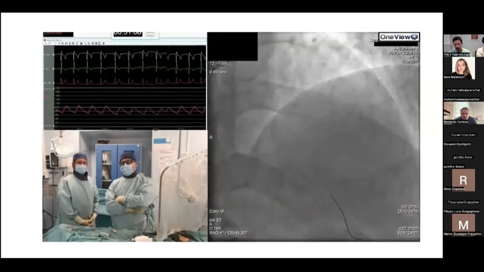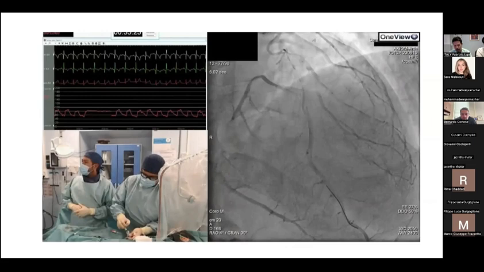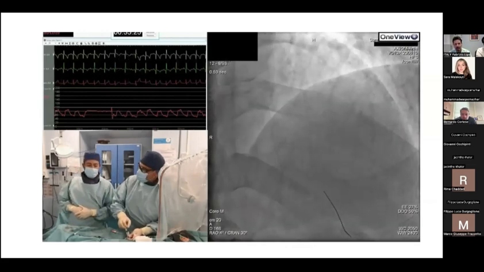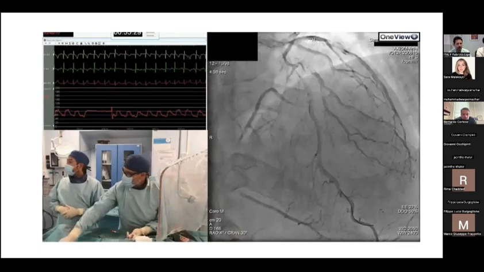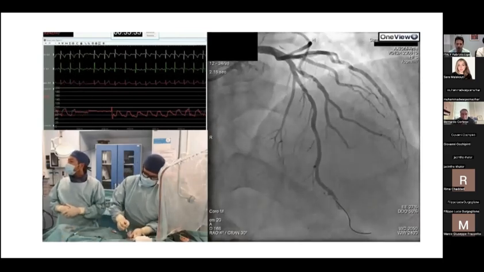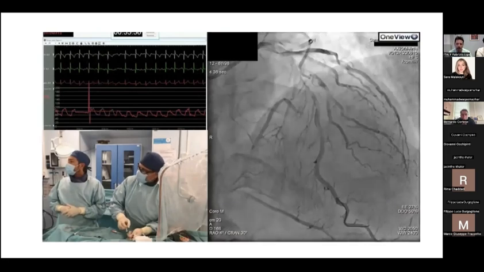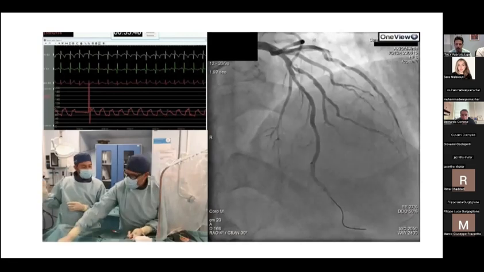So I start with a venous infusion of adenosine. You can appreciate the increase of heart rate and the decrease of mean pressure, so the adenosine infusion is good. And we use 3 flushes with the Coroventis to check all parameters.